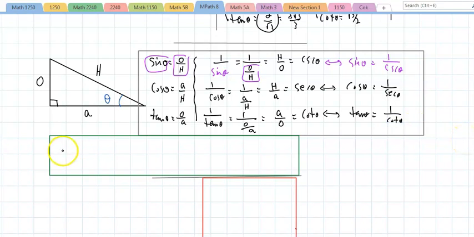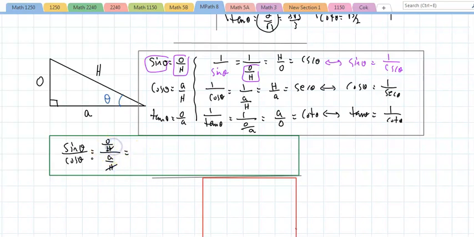Also, if I take the tangent of theta, let me go the other way around, it's easier. If I take the sine of theta divided by cosine of theta, sine is the opposite over the hypotenuse, cosine is the adjacent over the hypotenuse.